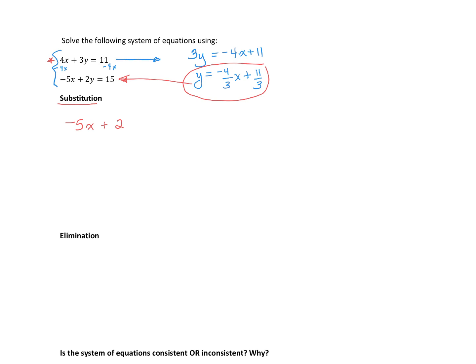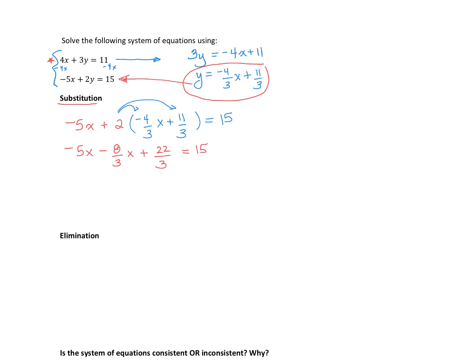In place of the y, I'm going to put minus 4/3 x plus 11/3 equals 15. All right, I'm going to distribute this too. So we have minus 5x minus 8/3 x plus 22/3 equals 15.